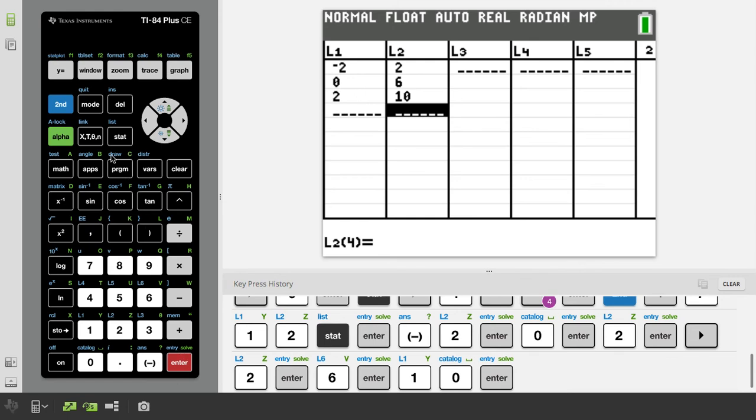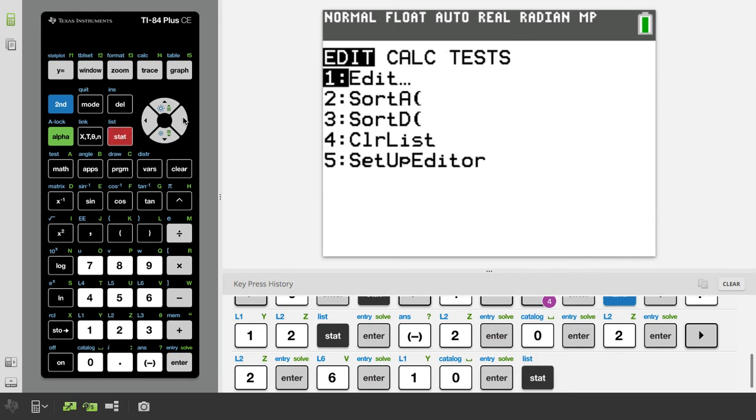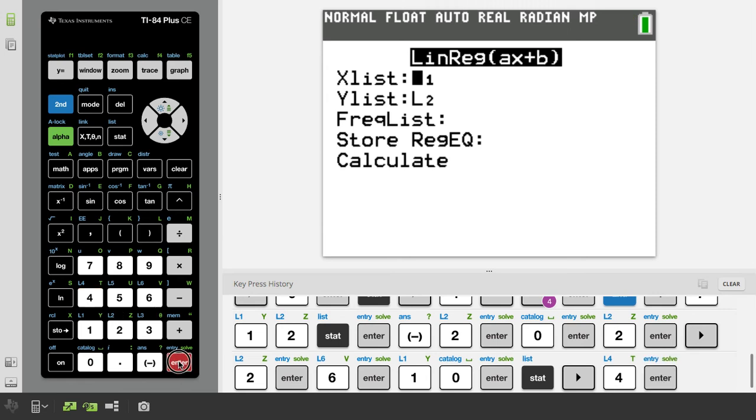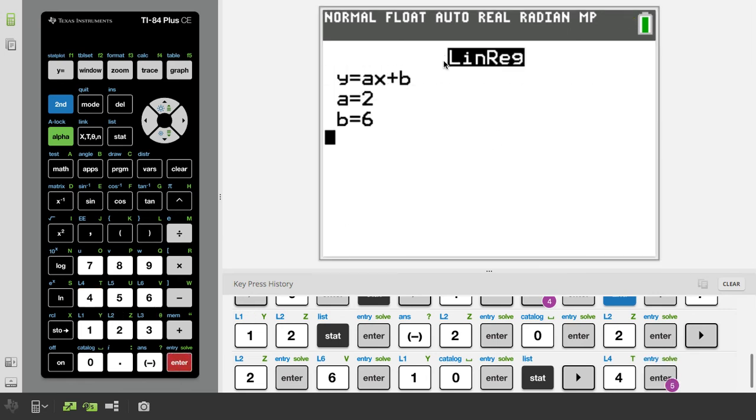All right, so I got that. Stat, Calc, option 4. I hit enter a couple of times, Calculate, and it spits out an equation exactly like the one I got. Okay, so we got that down.